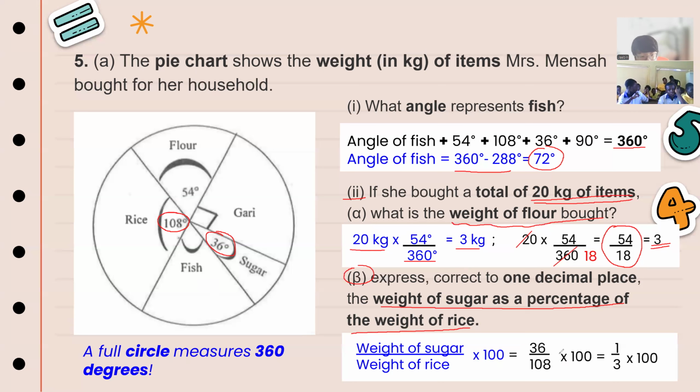If we simplify 36 over 108, we get 1 over 3 times 100, because for a percentage you always multiply by 100%. And in 1 decimal place, we get 33.3%. That's our answer.